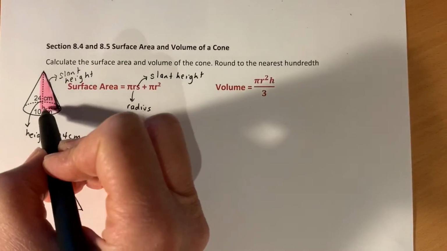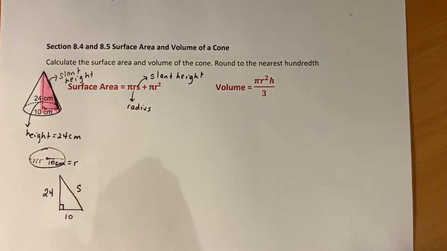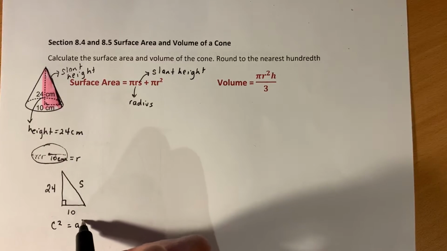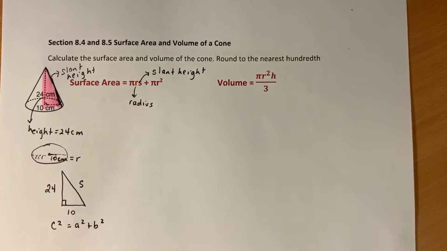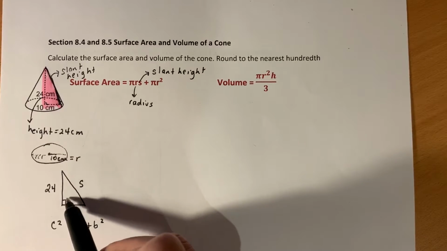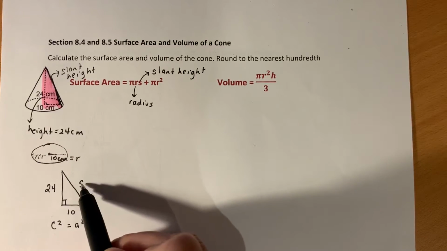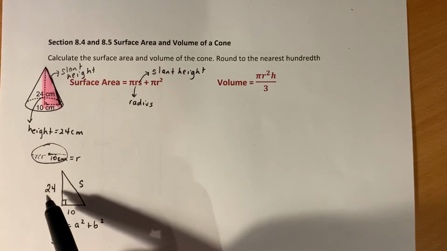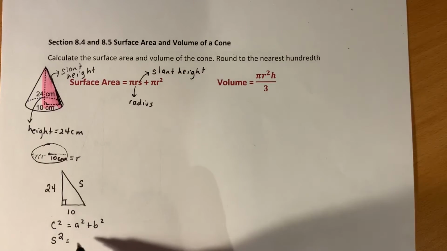This is a 90 degree angle, so hopefully you remember the Pythagorean theorem. Remember the Pythagorean theorem whenever we're looking for a side length of a right angle triangle. Once again, across from the right angle is your hypotenuse, which is my slant height. Which one I call A and which I call B does not matter.